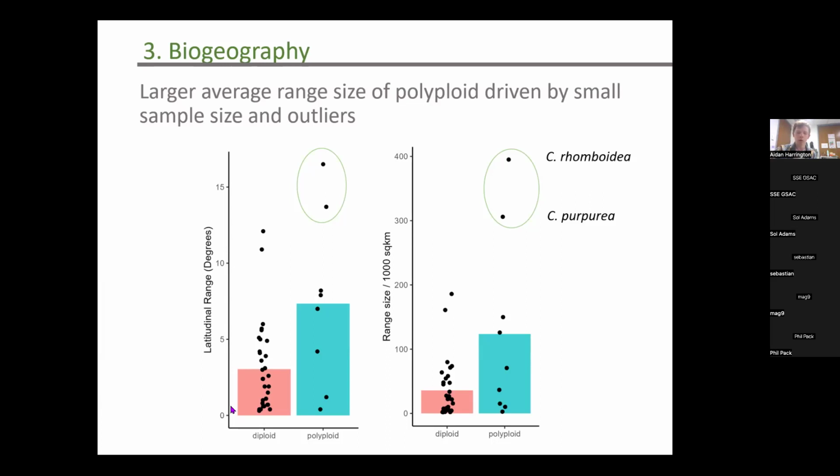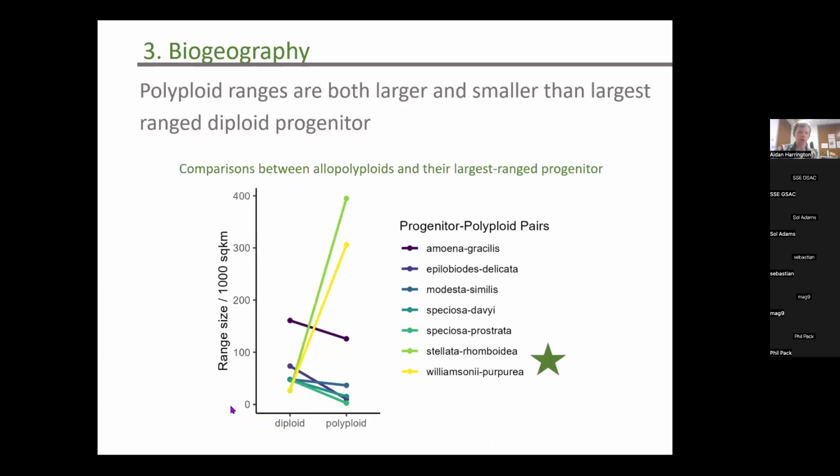So where do we go from here, if that's the case? We can look at progenitor-polyploid pairs. Polyploid ranges are both larger and smaller than their largest-range diploid progenitor. Again, we have range size on the y-axis, the diploid progenitor on the left, and the polyploid on the right. And you can see that in 5 cases here, the polyploid actually has a smaller range than the larger-ranged of its 2 diploid progenitors.